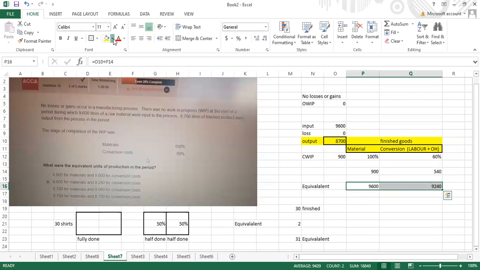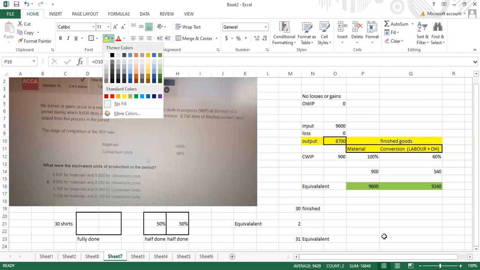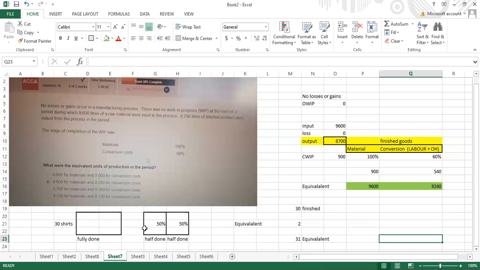I told you the concept of equivalent unit, what it means. If you are supposed to make 32 shirts, and 30 are done in the beginning, you can say that one is half done, and another is also half done. Two are remaining. If you just apply the equivalent units concept, you can say that 31 are the equivalent.